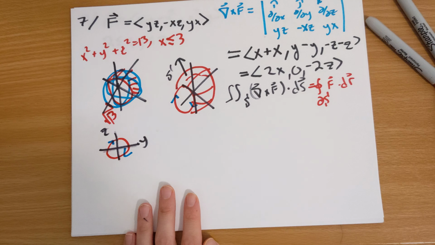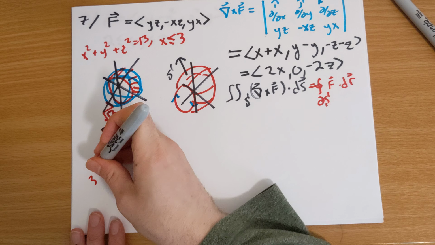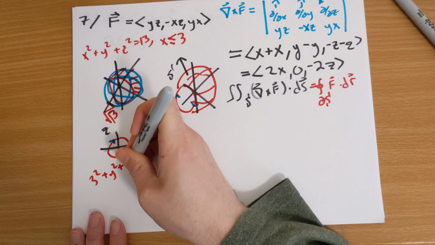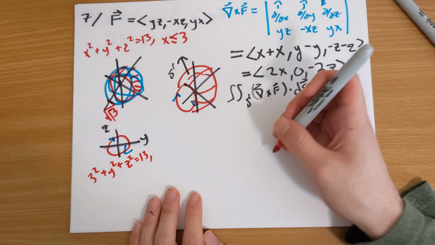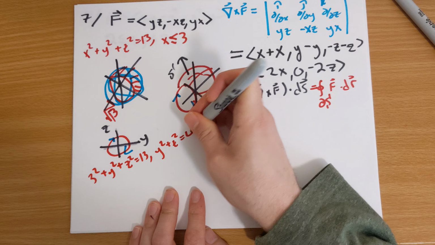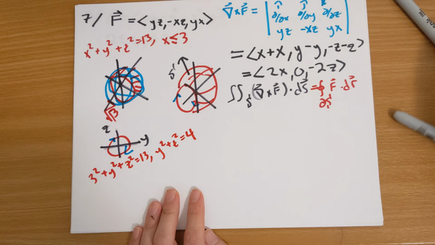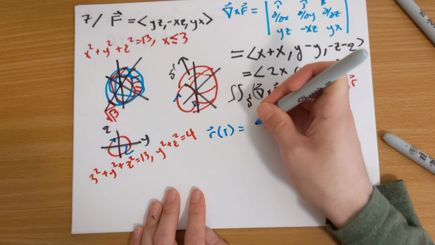And this is the circle. With x equal to 3, 3 squared plus y squared plus z squared is equal to 13. So subtracting 9 from both sides, y squared plus z squared is equal to 4. So this is a circle of radius 2. We'll parameterize it, r of t, in the following way. x is always 3 in this slice right here.